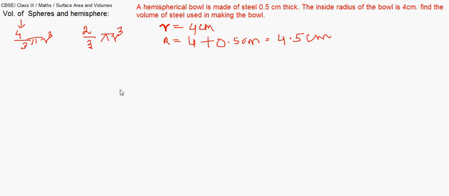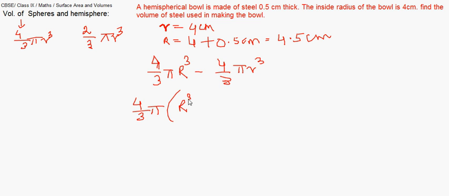So the volume of the steel used in the bowl will be the volume of the outer surface minus volume of the inner surface. So the volume of outer surface we will be writing as 4 by 3 pi capital R cube minus 4 by 3 pi small r cube. So if I take 4 by 3 pi common, we are left with R cube minus r cube.